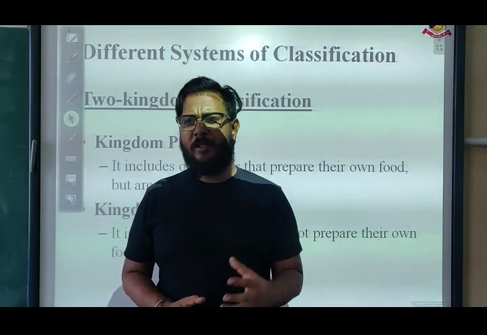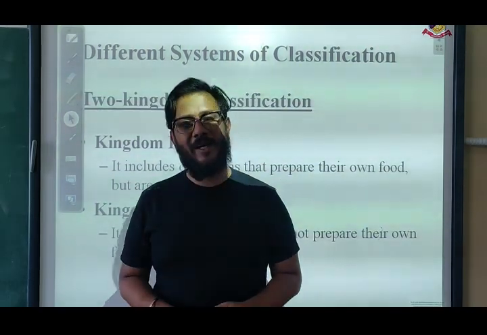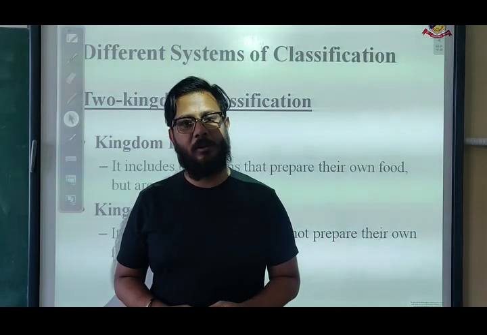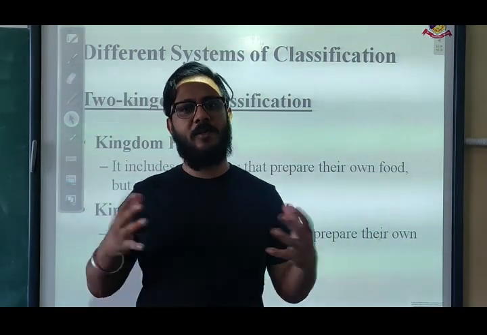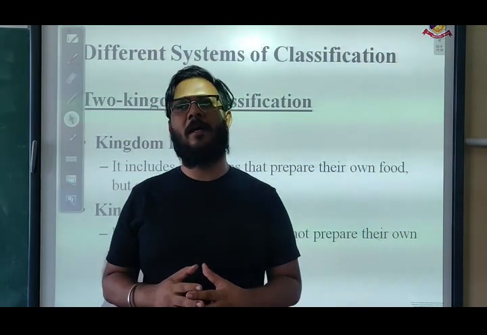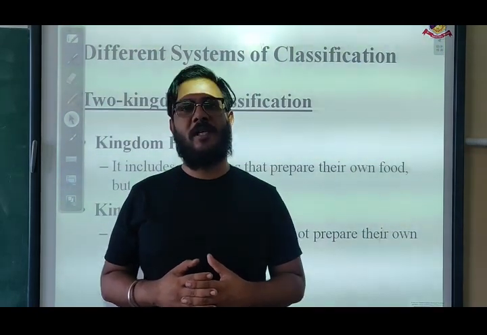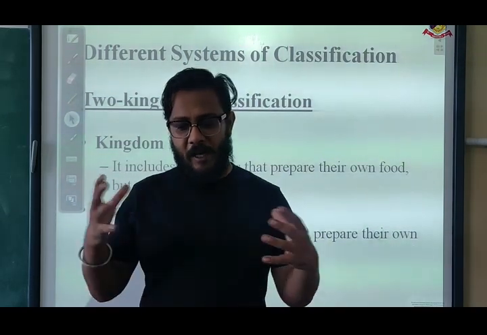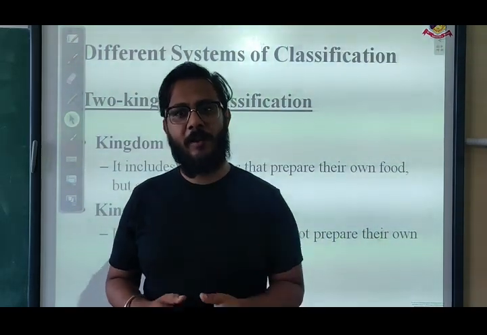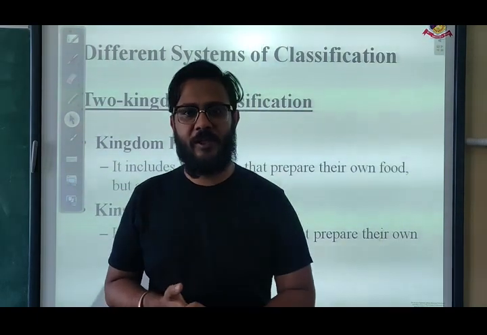So initially we had this two-kingdom classification. Now this two-kingdom classification has evolved more because the studies and researchers have been much more focused. So because of that, we have more kingdoms now. But initially we had this two-kingdom classification.